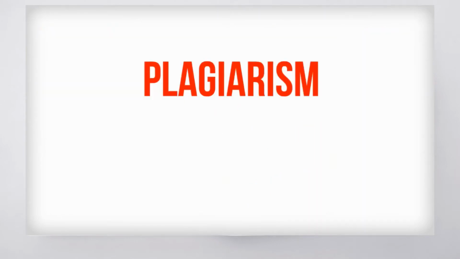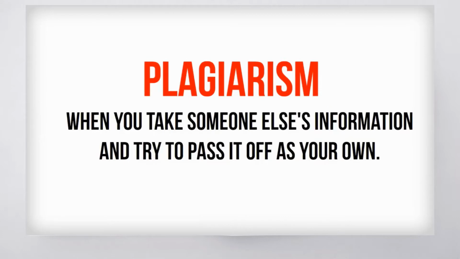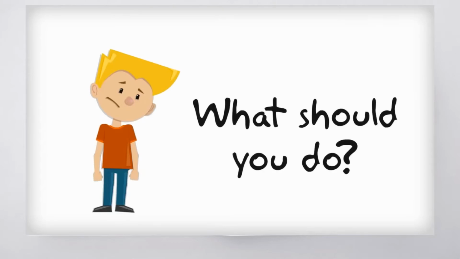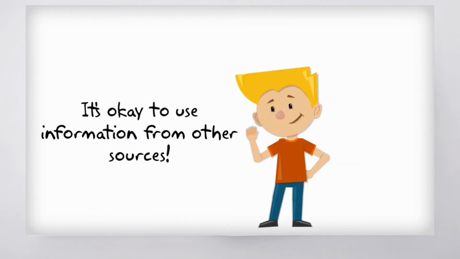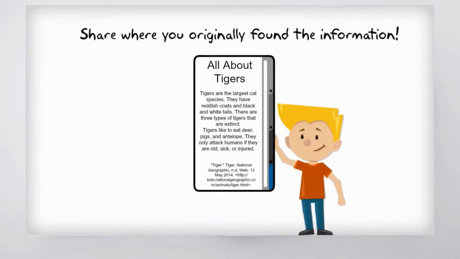It's called plagiarism. Plagiarism is when you take someone else's information and try to pass it off as your own. So what should you do if you want to include someone else's information in your research project? Well, it's okay to use information from other sources in your assignment. In fact, it's what you're expected to do. All you need to do is share where you originally found the information.